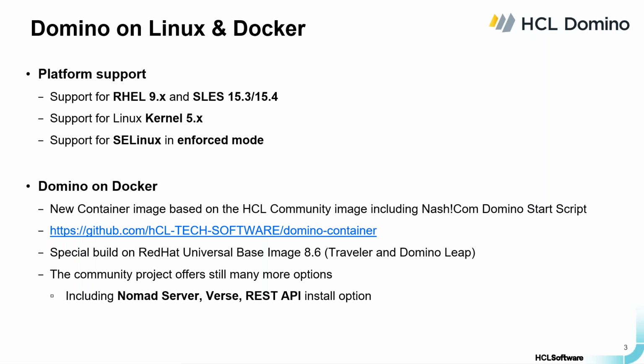It's freely available, and you can either use the community project, which has add-on images like the Nomad server, Verse server, the REST API, or you can use what HCL ships on FlexNet already, where we have the Traveler and Domino Leap add-on packages only currently. So if you're really interested in getting the latest and greatest, you should go to the community project.